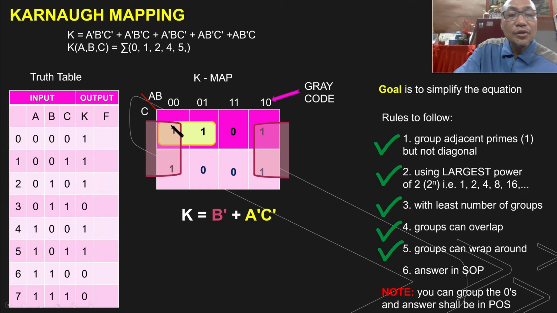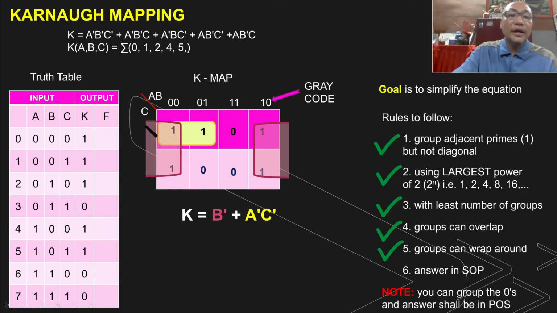Looking into this group, covered is this value and this value of A and B. In order for us to get the value that is retained with respect to this group, look into the value that did not change. For A, for example, 0 becomes 1. So therefore, it changes. We have to eliminate A. We look into B. B is equal to 0 and B is still equal to 0. Since B is equal to 0 and it did not change in value, then that becomes B prime.